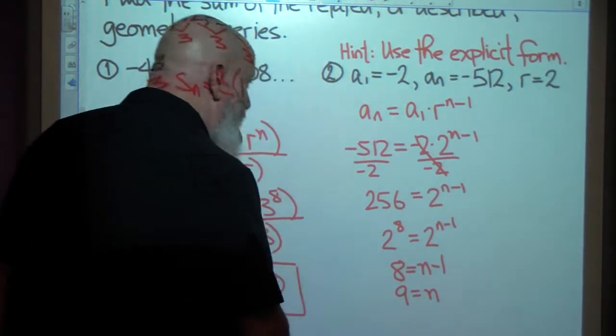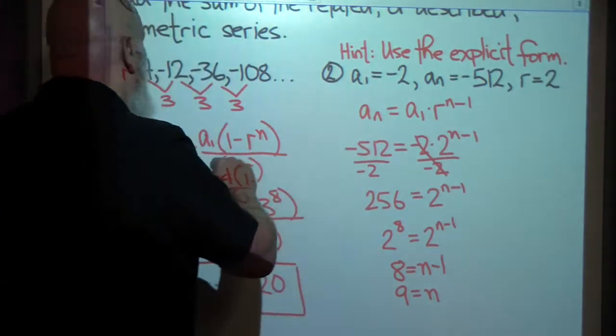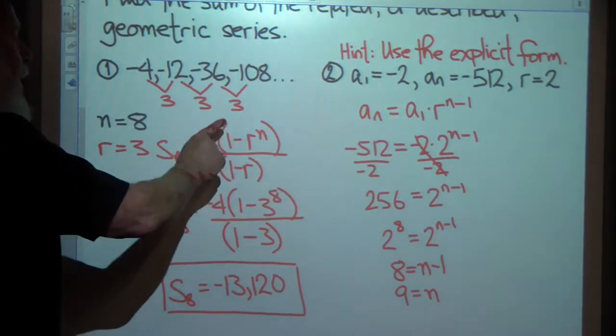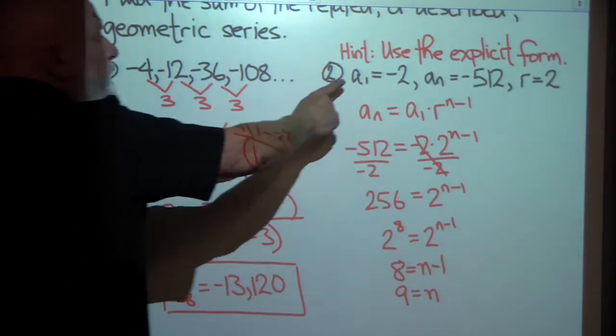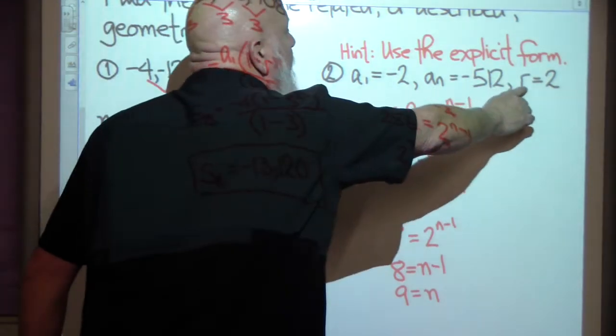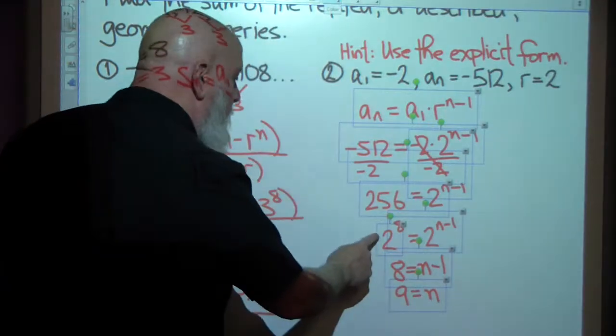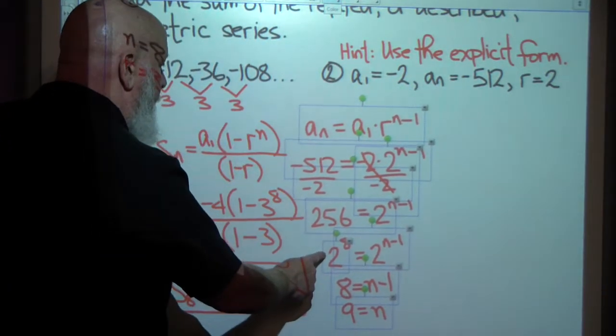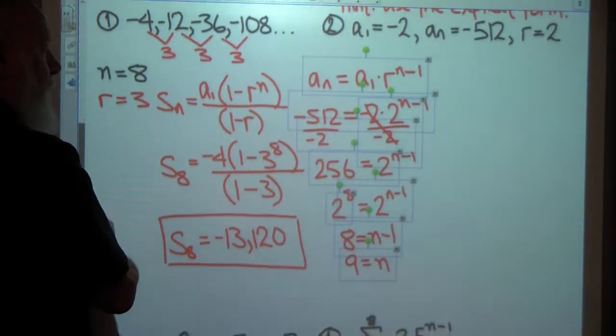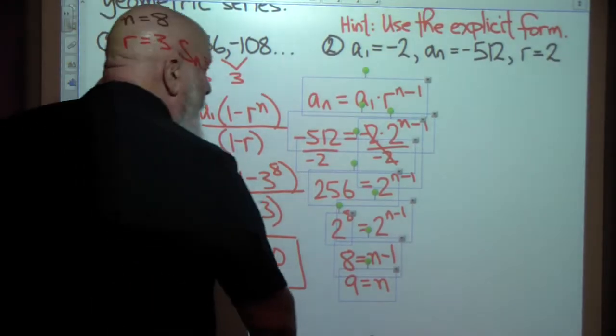N is 9. And once we have that, we can use our formula because we'll have n, we'll have the first term, we'll have r, and we have n. Those are the 3 things we need. So I'm going to scooch this over and perform that operation.